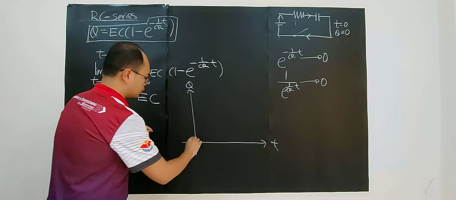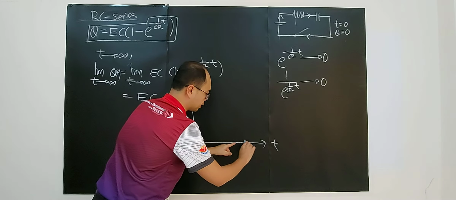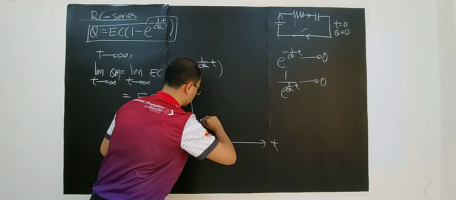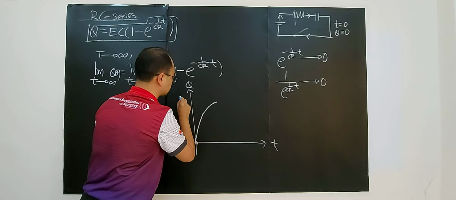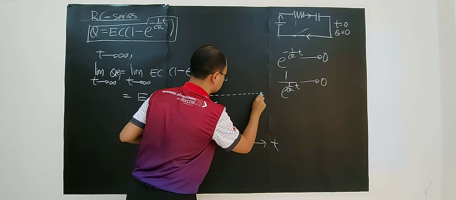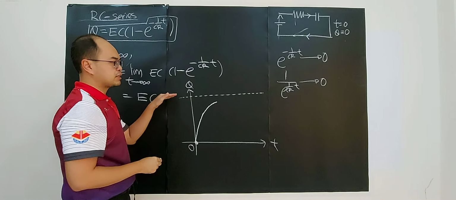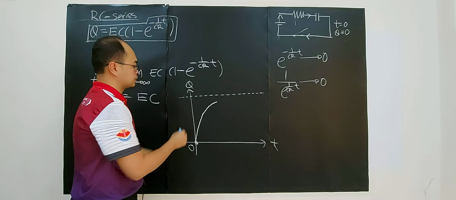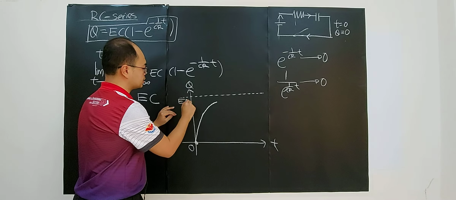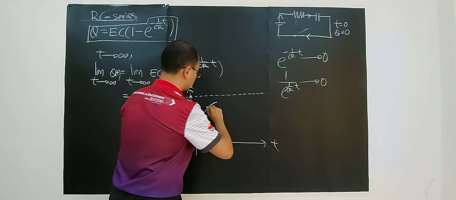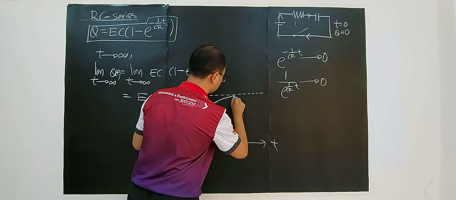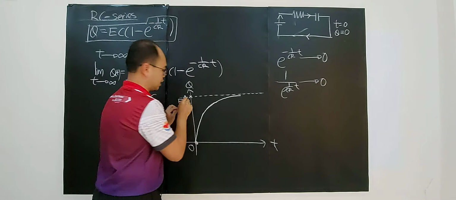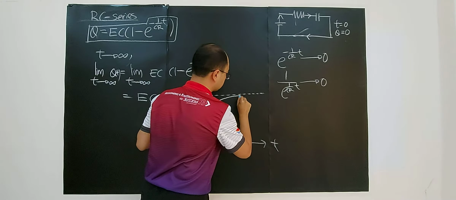Once the time goes to a longer period, the charge will reach a maximum charge, a limiting charge here. In mathematics there is a term for this. This will be your EC. It will get near to the charge, but it won't become that value. It's just limiting.